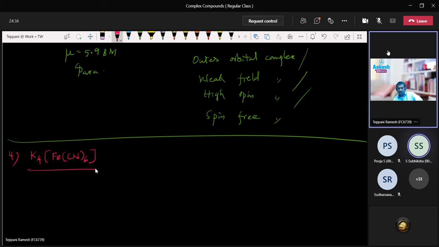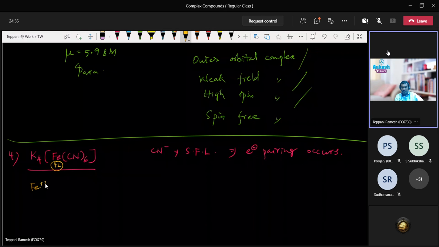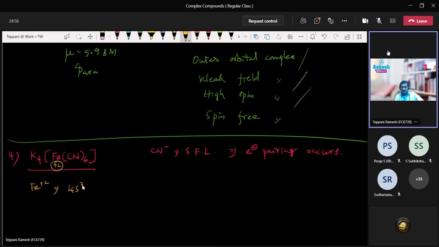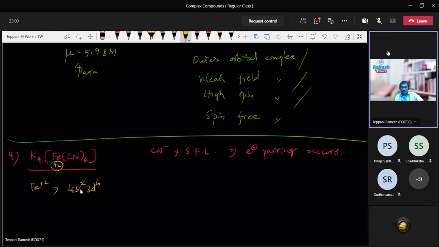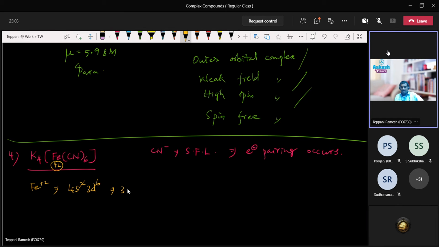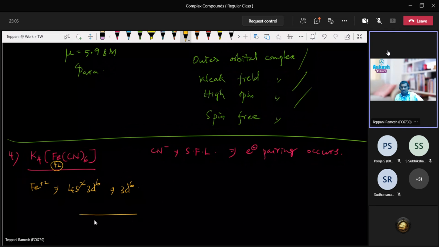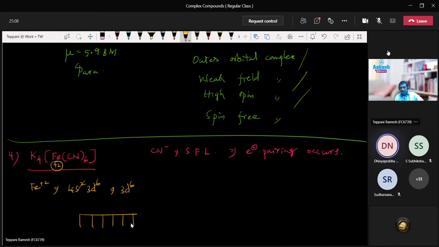Sir, it is a strong field complex, sir. Yes. Strong field ligand, electron pairing occurs. Okay. Fe plus 2 is there. 4s2 3d6 becoming 3d6. d2sp3, sir.